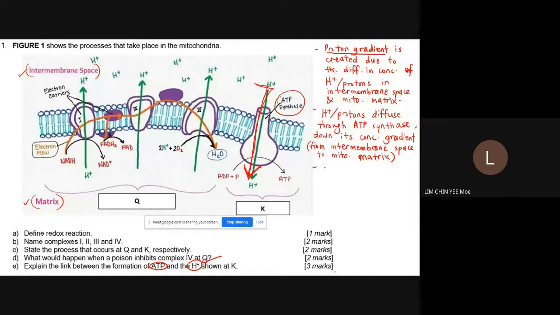And what happened then? During the flow, what will be released? Semasa dia flow, akan jadi apa? ATP synthase dia akan activated. Tapi activated maksudnya dia uses energy from where?